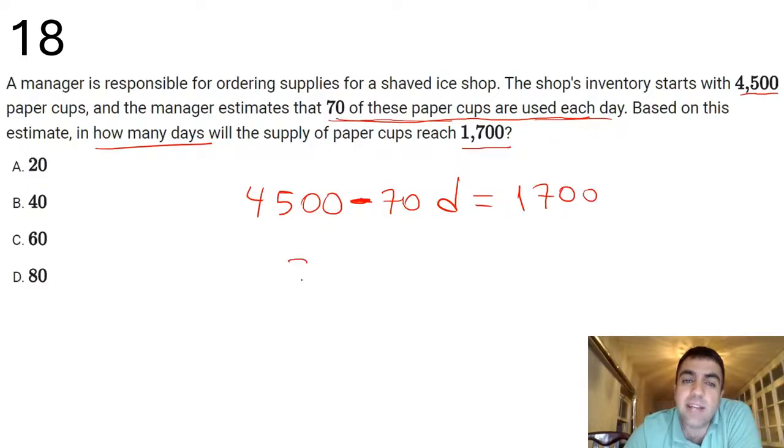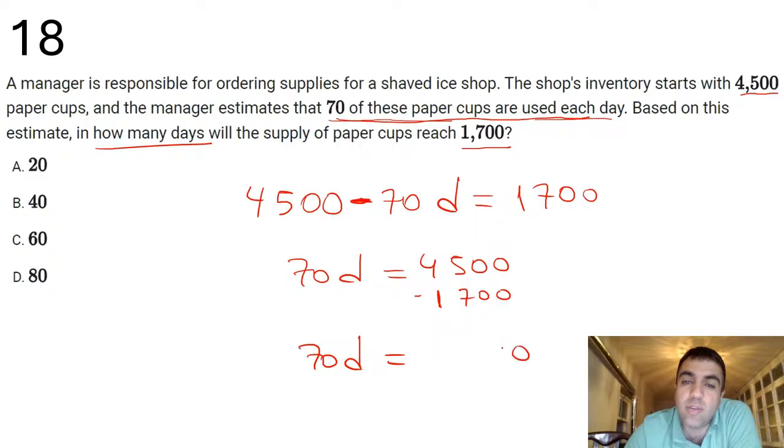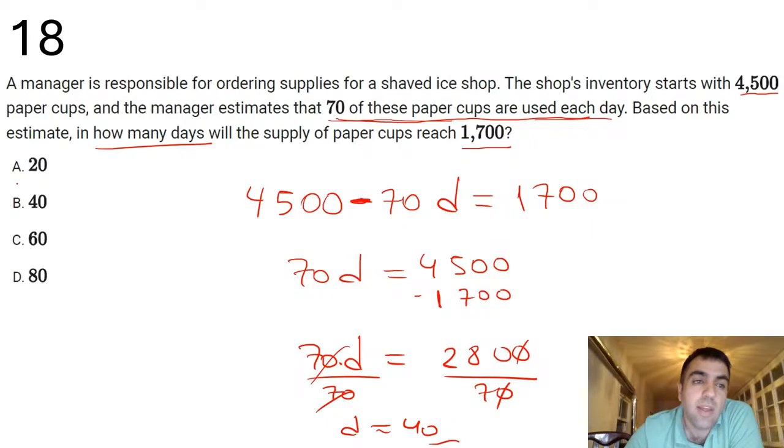So 70D is equal to 4,500 minus 1,700, which is 2,800. And we can divide both sides of the equation by 70 in order to get the value of D, right? D is equal to 40. The correct answer was B.